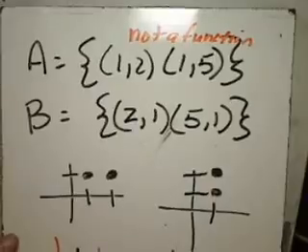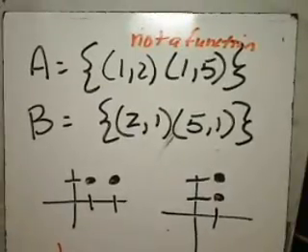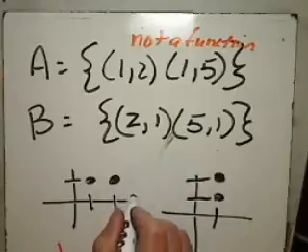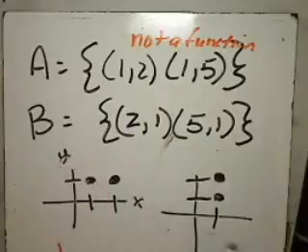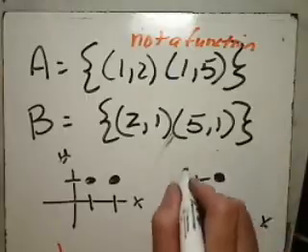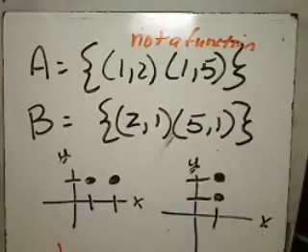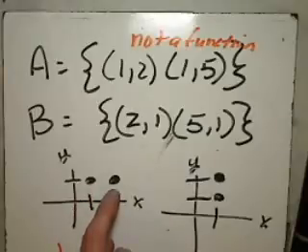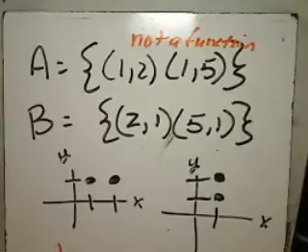Here's another visual. I have two simple ordered pairs. Of course, you remember this is x and this is y. What is this ordered pair? 1, 1. What is this ordered pair? 2, 1. That is a function for sure. Now look at this one.